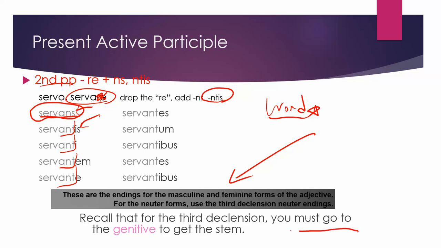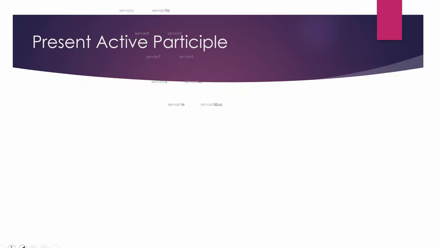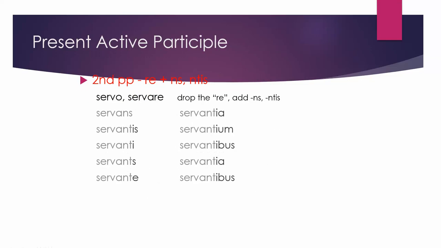And keep in mind that you're always going to that genitive to get your stem, or you won't have the right one. So this is what the neuter looks like. We're still doing the same process: going to the infinitive, dropping the RE, and adding NS for the nominative, and then NTIS to create the genitive, so we can have that stem with the T in it throughout.